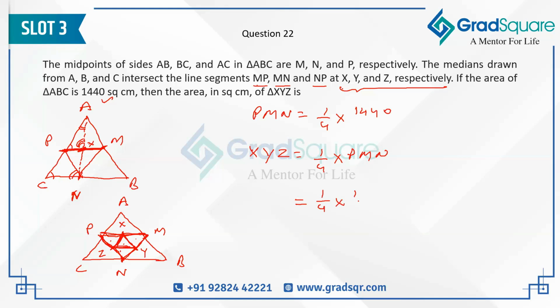So 1/4 of 1/4 of 1440 is what they are asking us to calculate. So if you look at this, 4 3s are 12, 4 6s are 24, 360, and then this is going to give me what? 90.